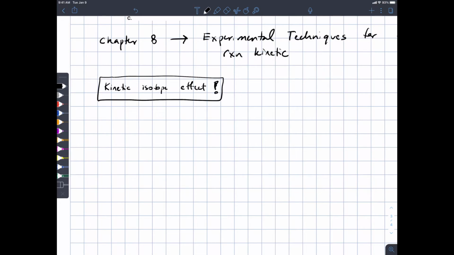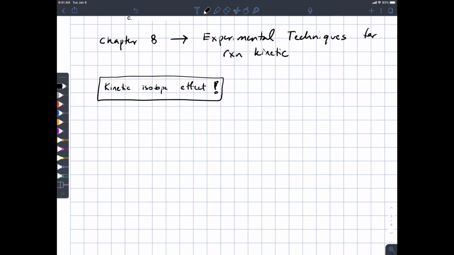It's usually related to taking, most commonly, a hydrogen and replacing it with a deuterium. The reason you do that, and you can do C12, C13 kinetic isotope effects, but the relative change is bigger for hydrogen versus deuterium, right? You're doubling mass for hydrogen versus deuterium, whereas for carbon 12 versus carbon 13, you're only changing it by like 1/13, whatever that is.